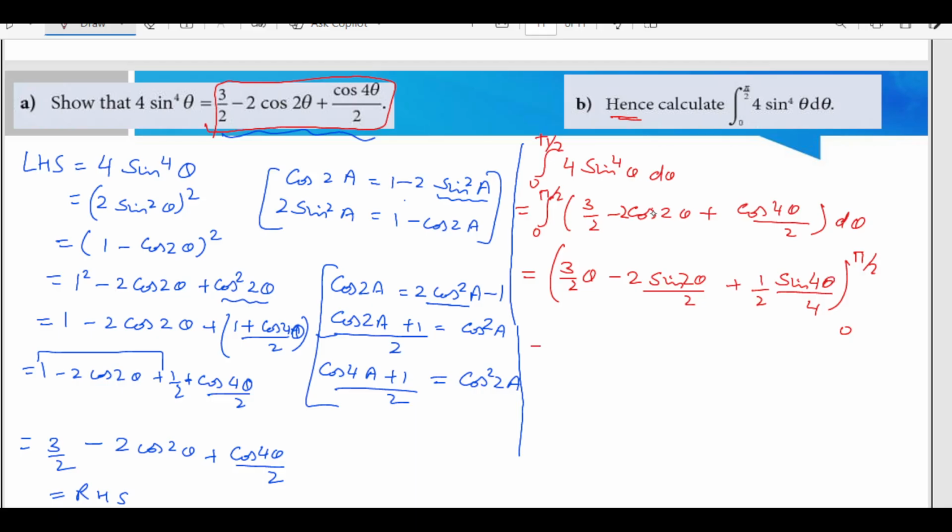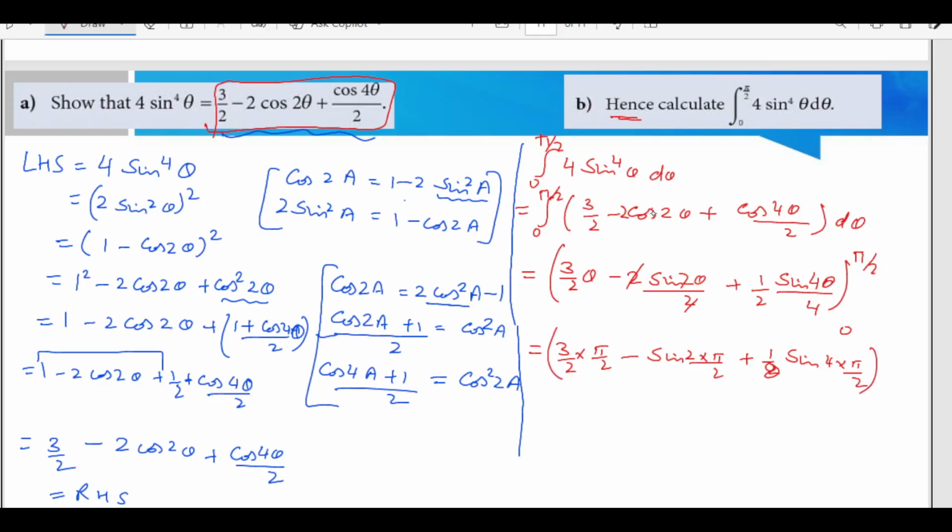Now we are going to substitute the limits. First the upper limit: 3 over 2 into pi by 2, then the 2 and 2 cancel, so we have sine 2 into pi over 2, then plus half, this will actually become 8, 4 times 2, sine 4 into pi by 2. This is the upper limit.